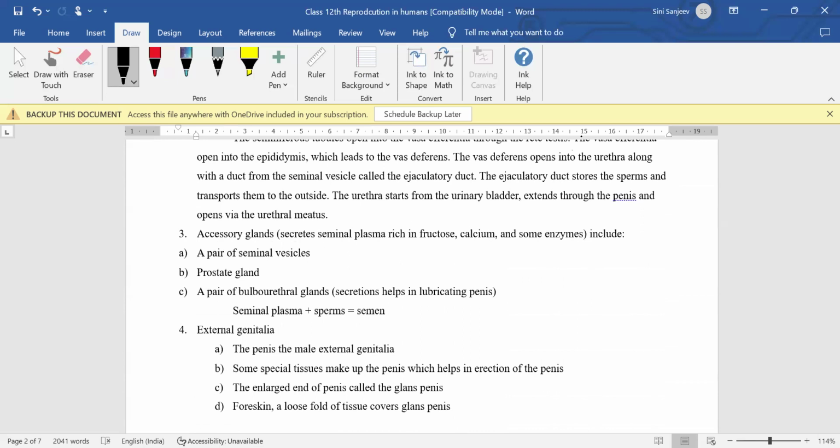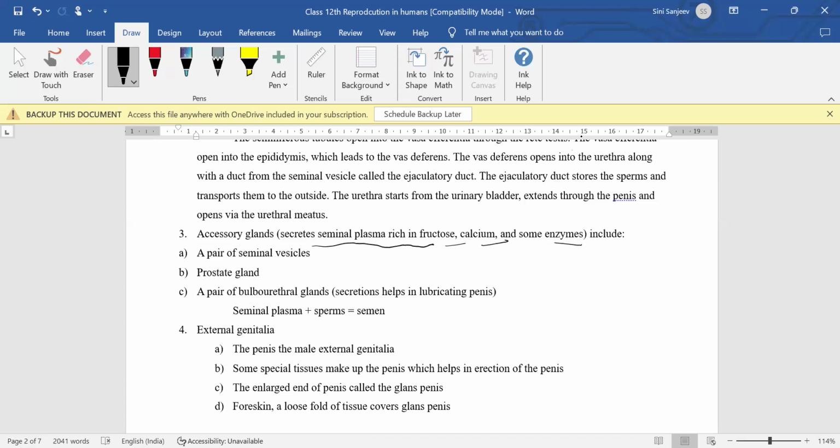They secrete important materials which are useful in further transportation as well as nourishment of the sperms. The accessory glands secrete the seminal plasma, which is rich in fructose, calcium, as well as some enzymes. The major accessory glands are the seminal vesicles, the prostate gland, and the bulbourethral glands, also called the Cowper's gland.